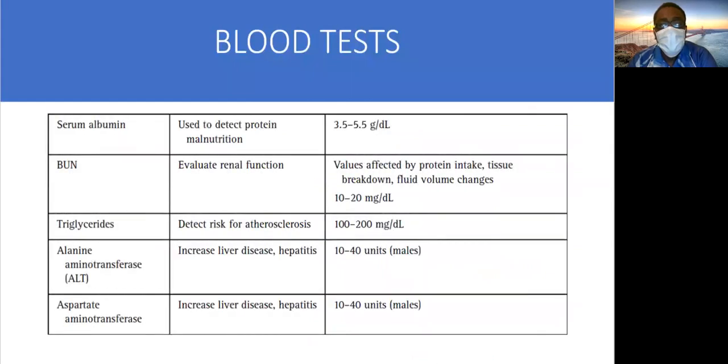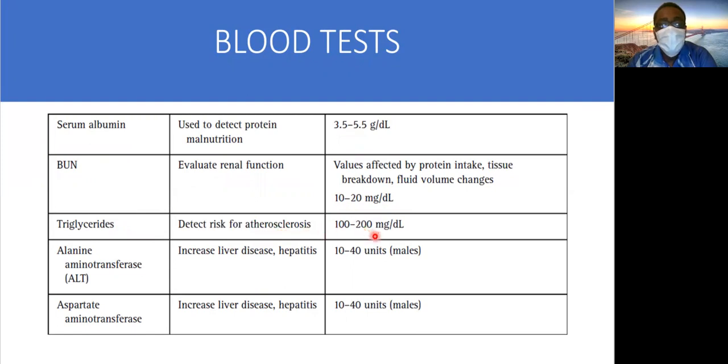We can also look at the serum albumin, which is used to detect protein malnutrition, and you would expect a normal value of between 3.5 to 5.5. We talked about the BUN, which is between 10 and 20 milligrams per DL, also done to evaluate renal function. There's also the triglycerides, which also helps to detect risks for atherosclerosis.